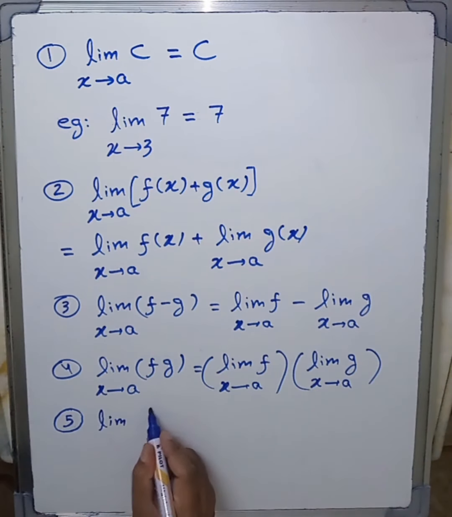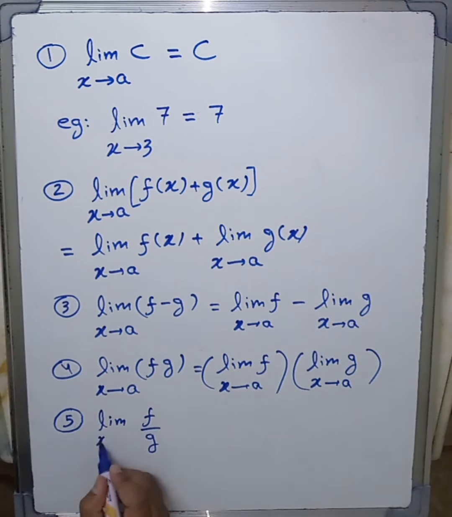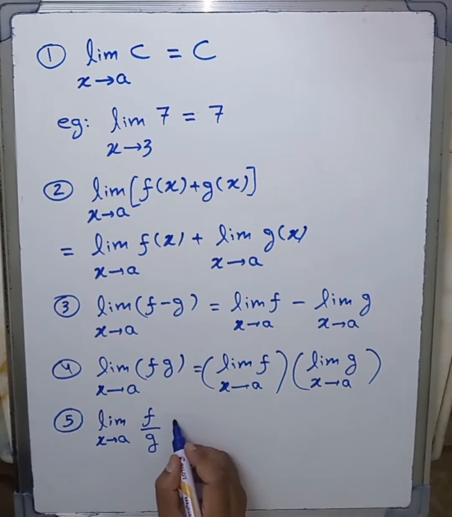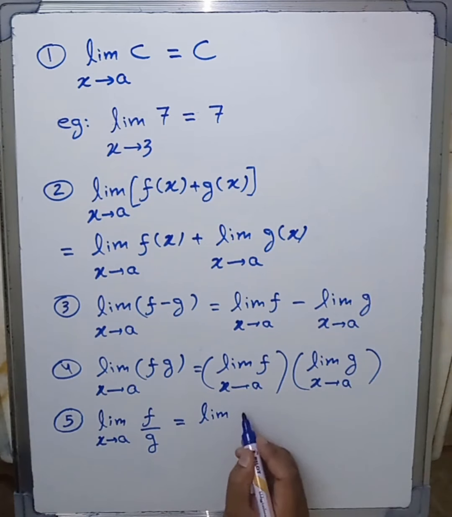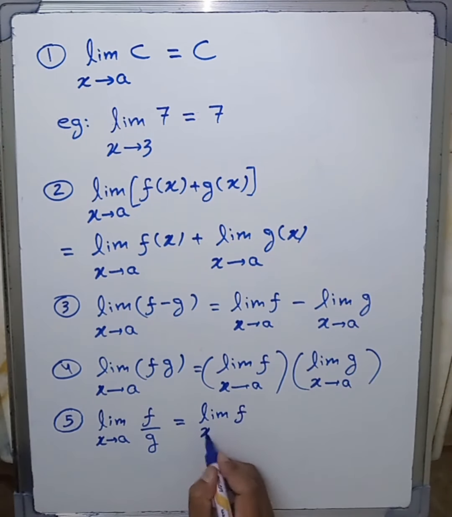Limit of f divided by g as x tends to a is equal to limit of f as x tends to a divided by limit of g as x tends to a.